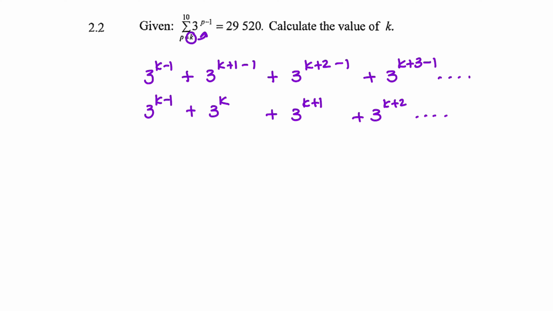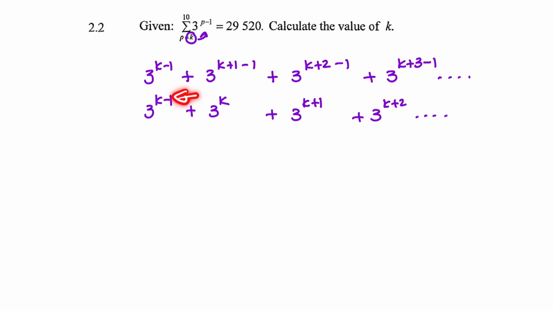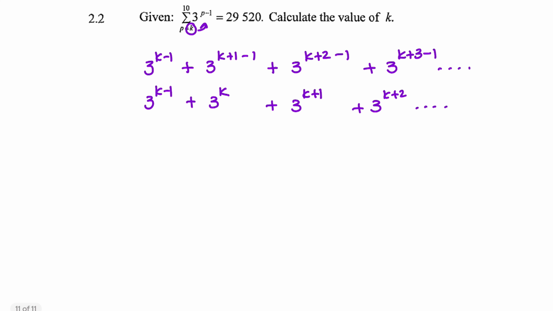And this pattern continues. Now, I know that this is a geometric series, because we are raising it to the power of something. So that means we have a constant ratio.